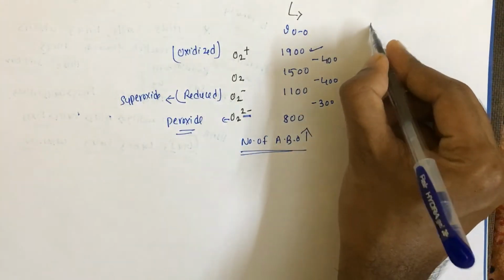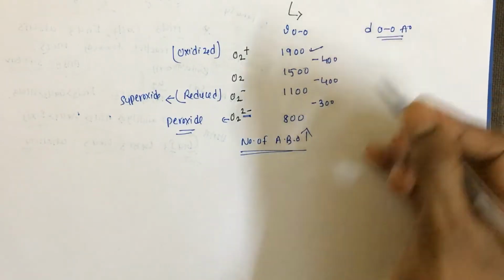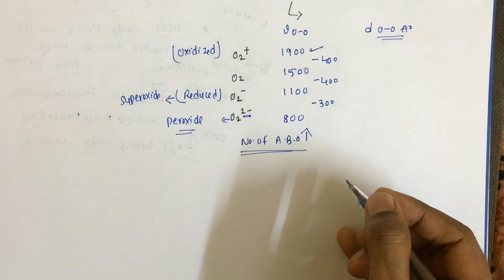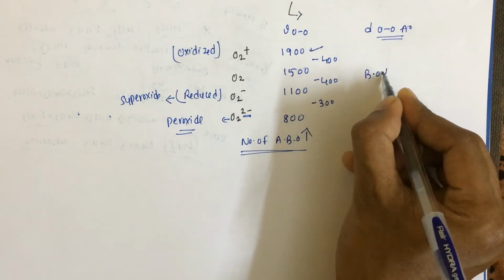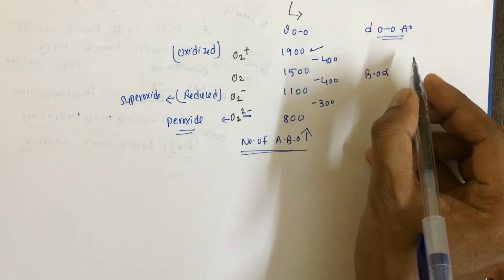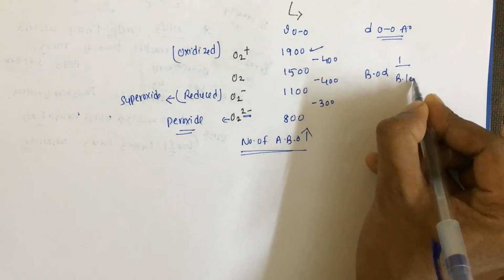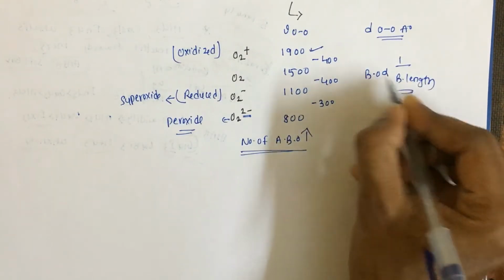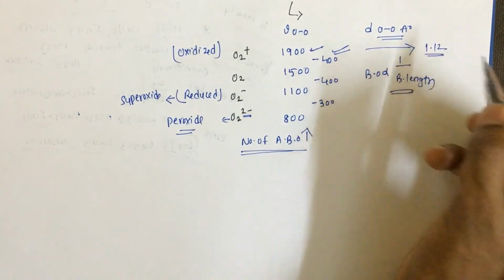And then the dioxygen oxygen distance in angstroms. This is also very easy to identify. As we know, bond order is inversely proportional to the bond length, right? Here, more bond order, that's why less bond length.